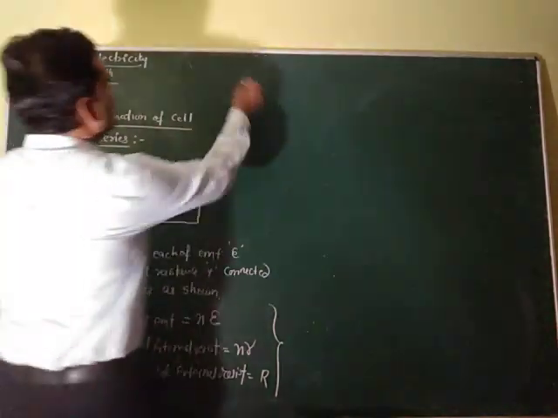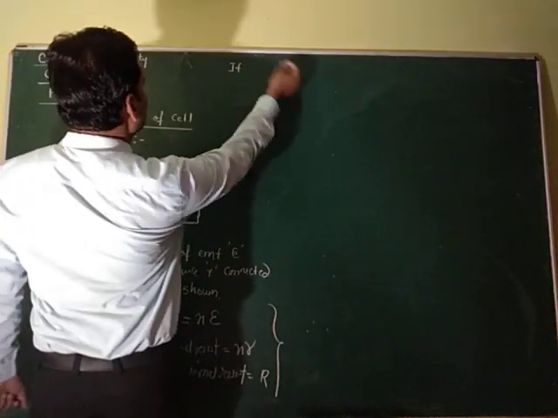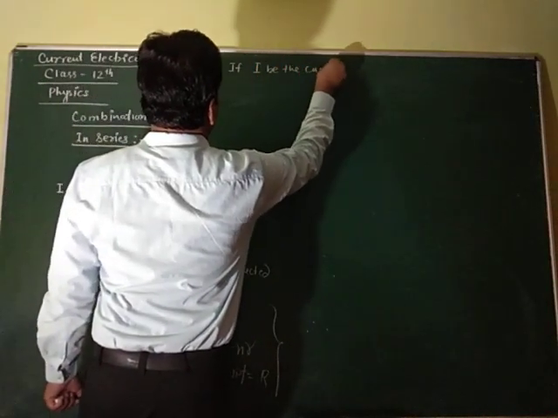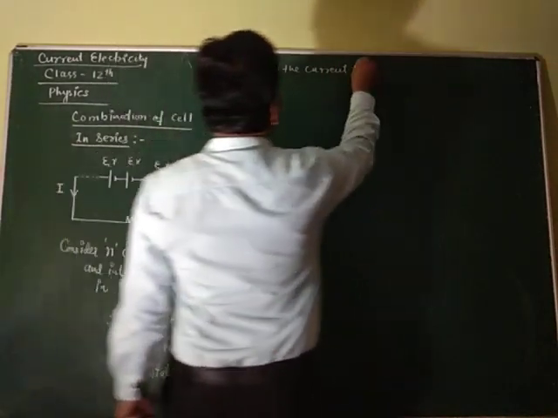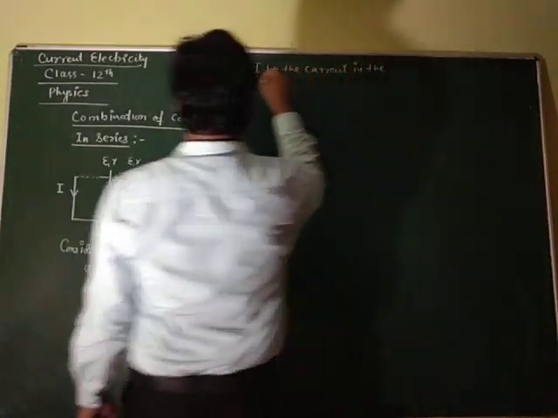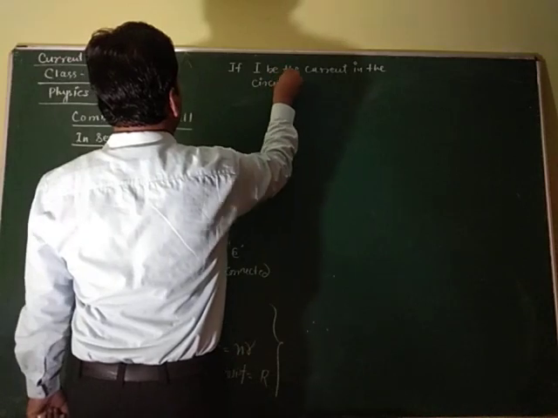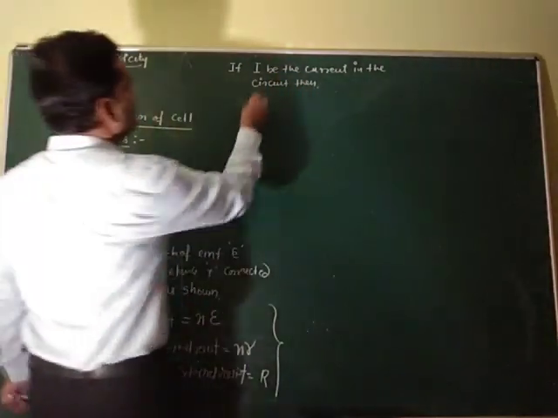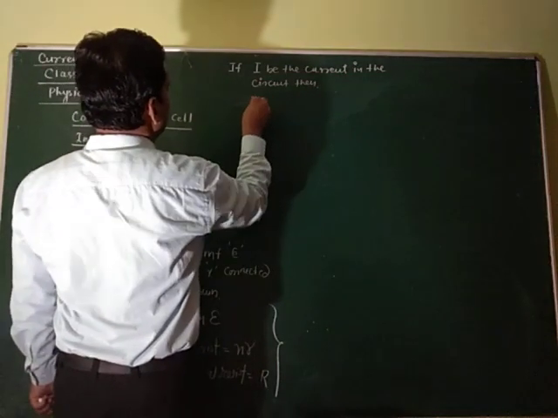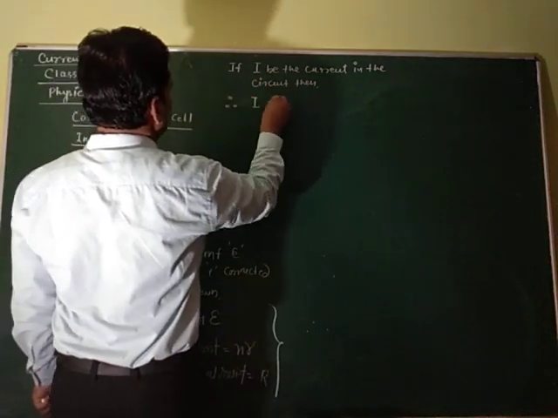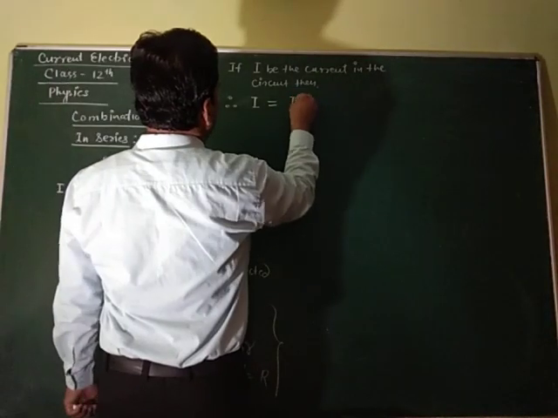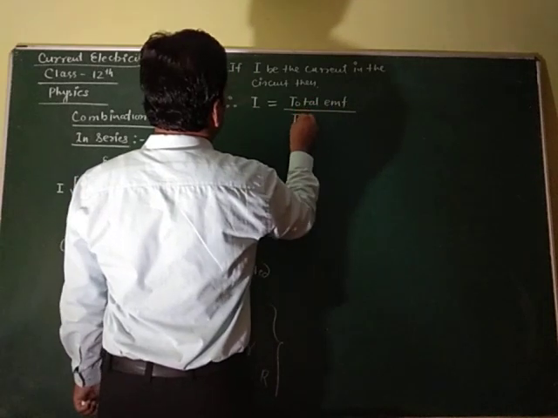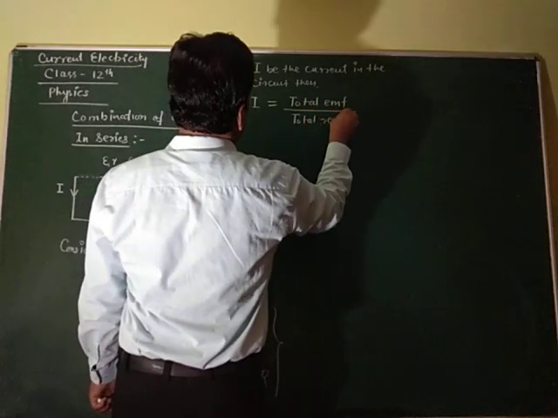Now if I is the current in the circuit, then according to Ohm's law, I is equal to total EMF divided by total resistance.